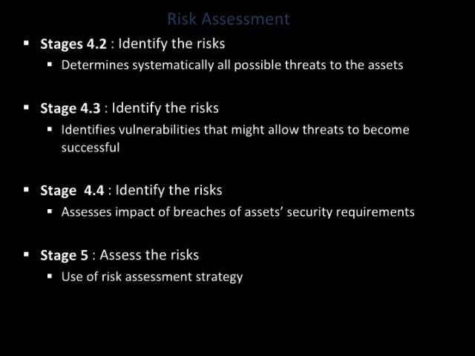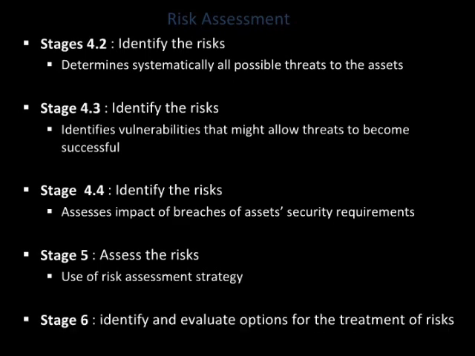The risks to information assets are assessed using the risk assessment strategy determined in Stage 3. Each breach of security is assigned a level of risk determined by its likelihood and by its impact on the organization. Stage 6. Identify and evaluate options for the treatment of risks.